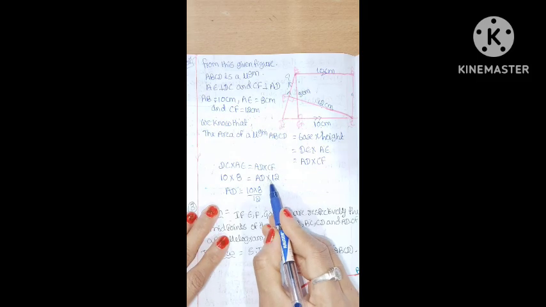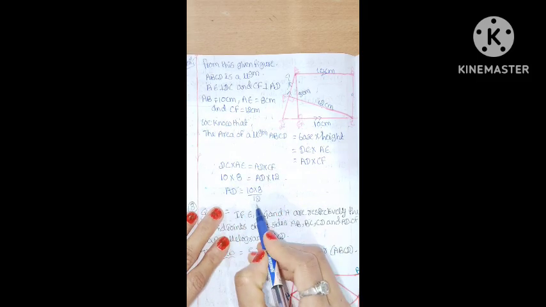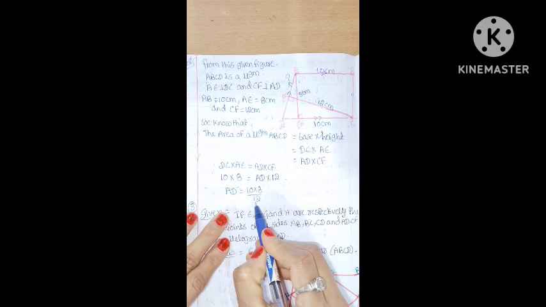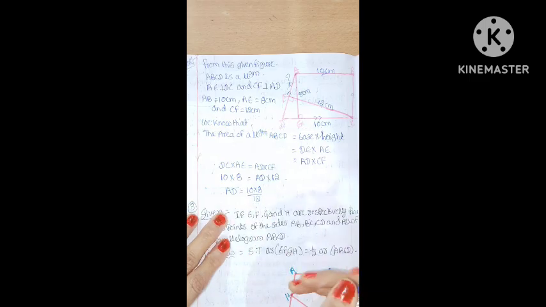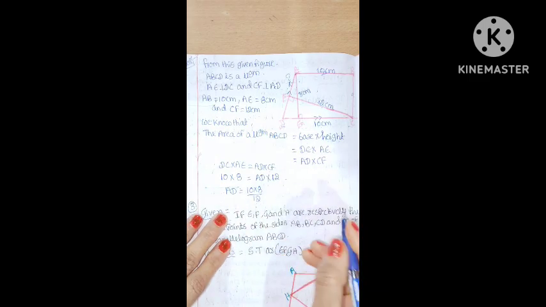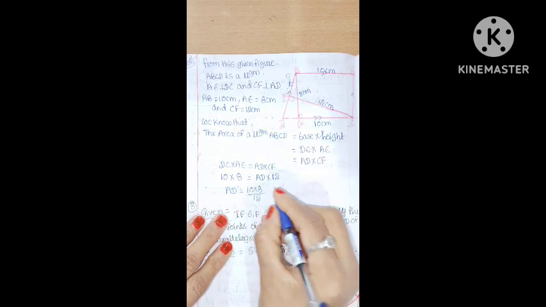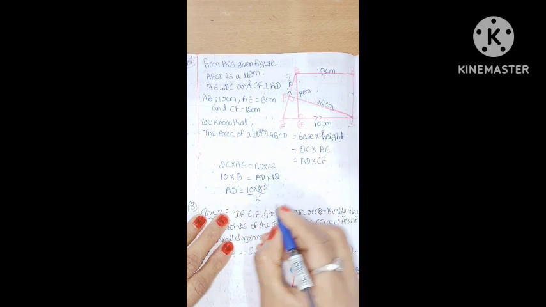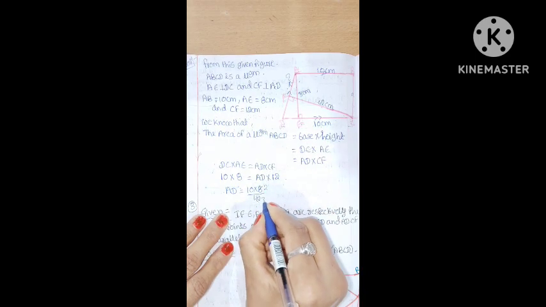Multiplication of 12 before the equals becomes division of 12. Okay. Now simplification. Cancellation in the table of 4: 4 2s are 8, 4 3s are 12.